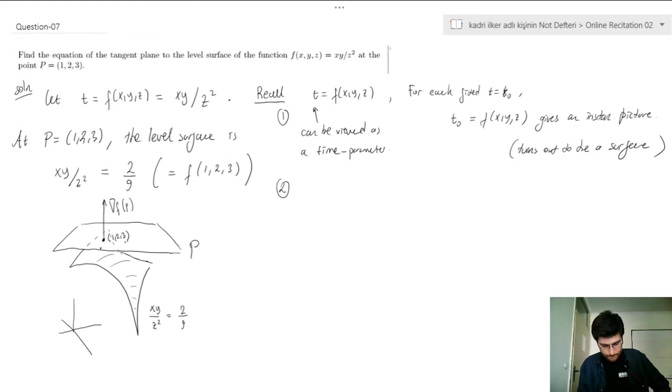So this is exactly the normal. Therefore, this is really parallel to that one.